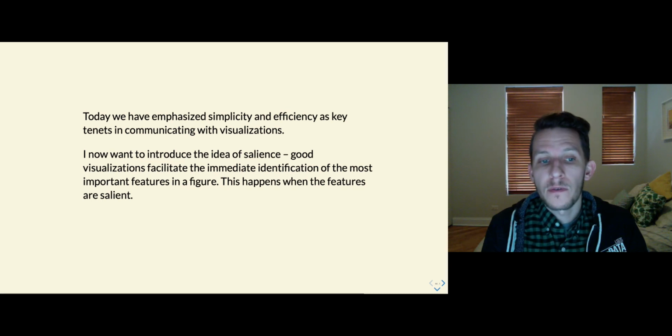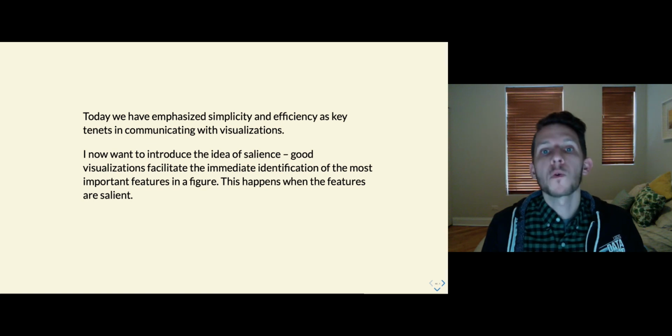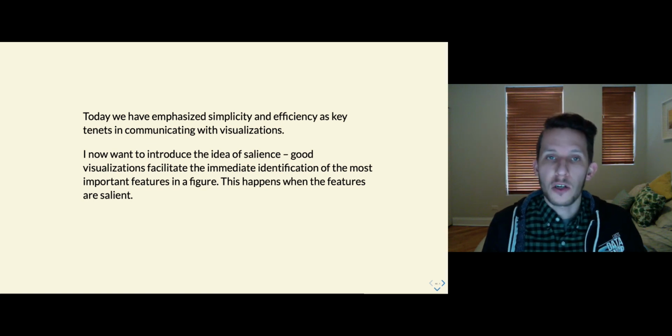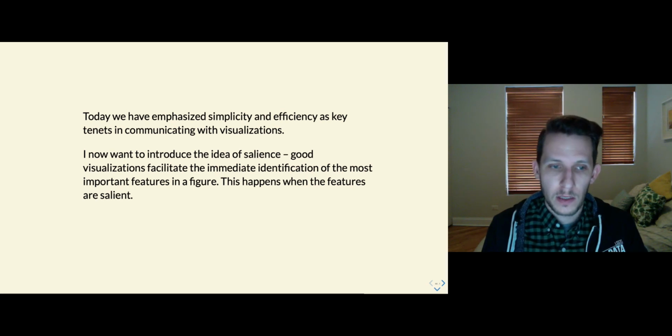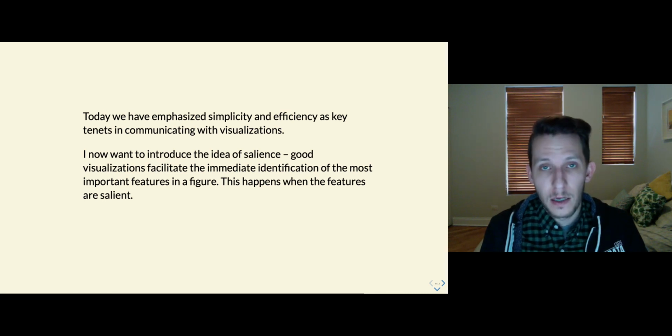Good visualizations facilitate the immediate identification of the most important feature in a figure. Whatever is the most important thing should be immediately seen in a good visualization. And this happens when those important features are salient. So this is what we mean by building salience in your visualizations.